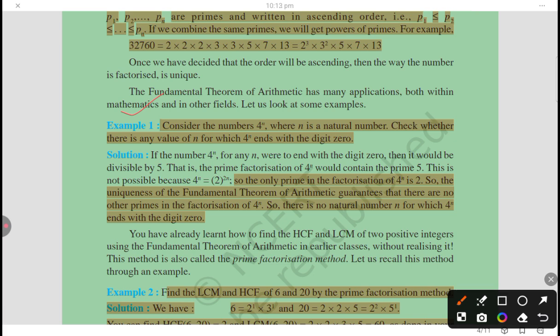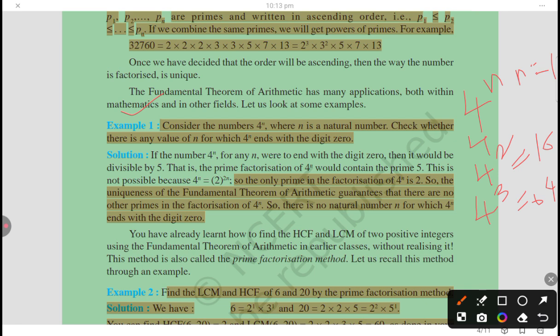So let's check. We have 4 power n. Suppose n equal to 1, we get 4. When n equal to 2, you will get 16. When n equal to 3, we get 64.